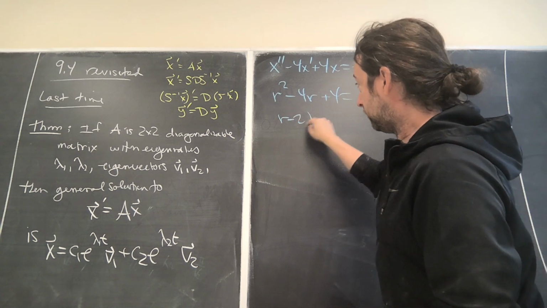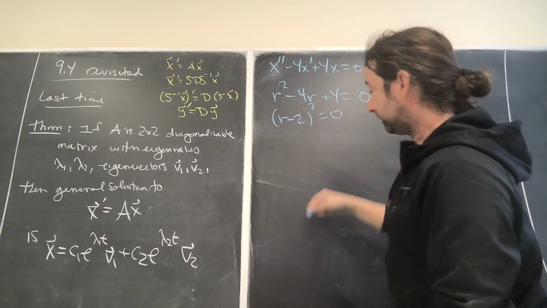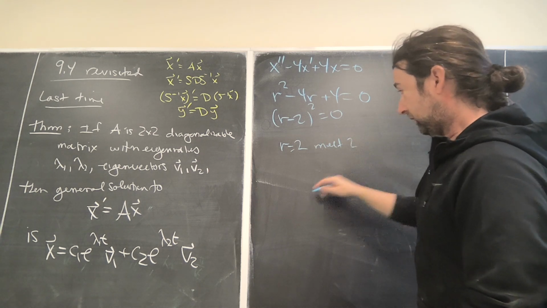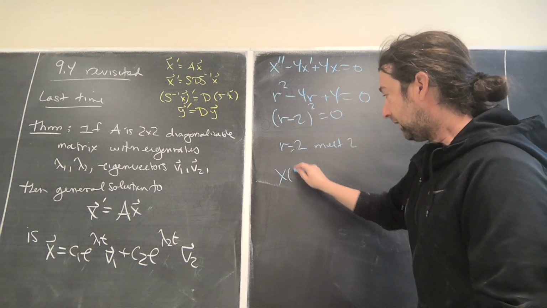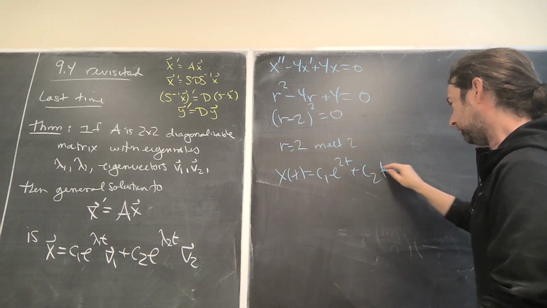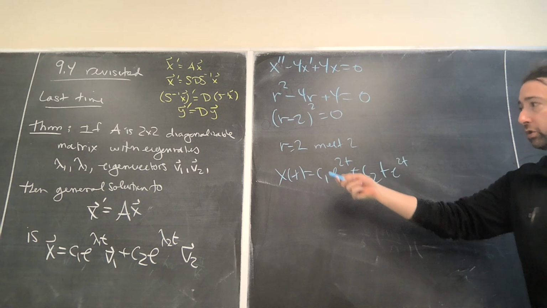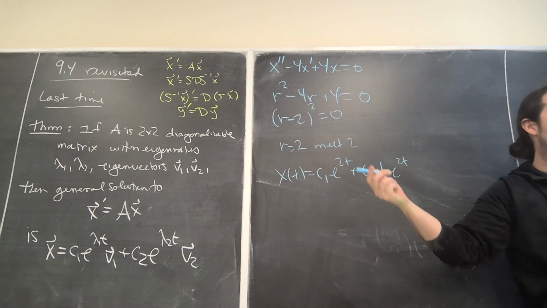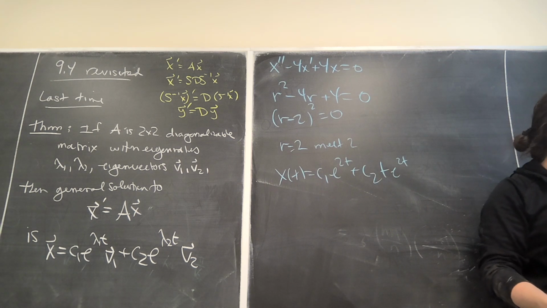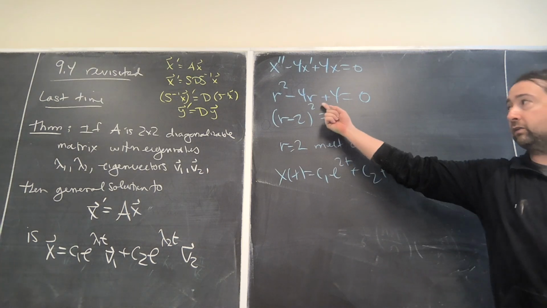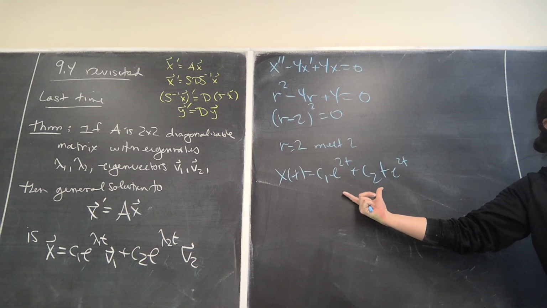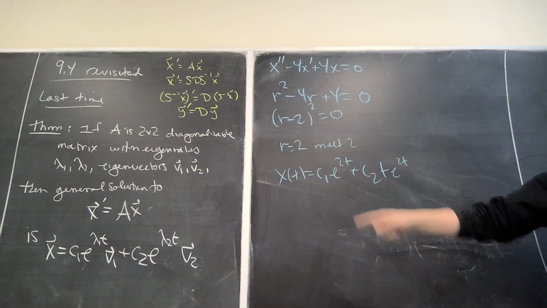So (r minus 2) squared is equal to 0, which means r is equal to 2 with multiplicity 2. And so the solution has to be x of t is c1 e to the 2t plus c2 t e to the 2t. The structure of the roots of the equation tell us what the solutions have to be. I don't need trial solutions. I don't need derivations. I just need to know how to take the characteristic polynomial and turn it into a solution. So the same thing is true for these vector equations.